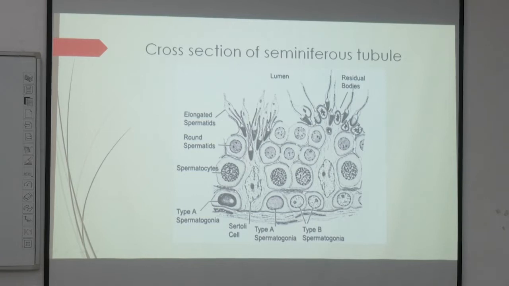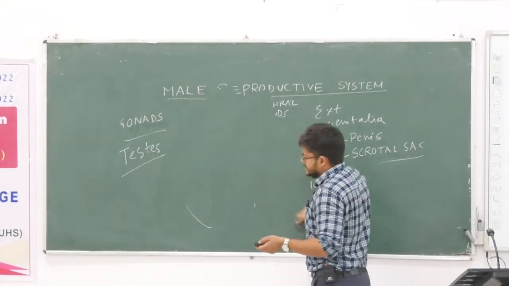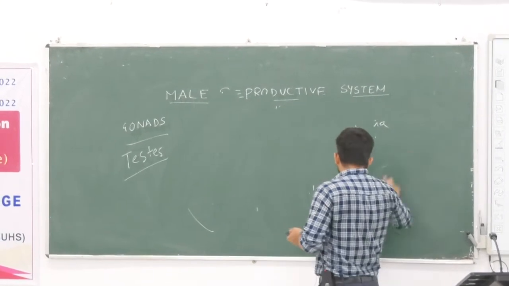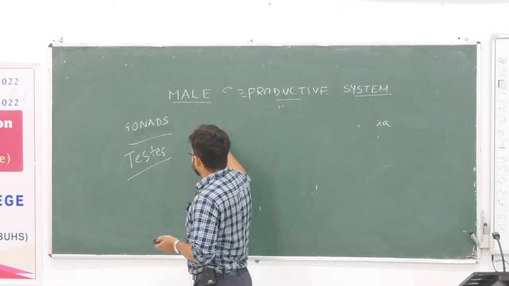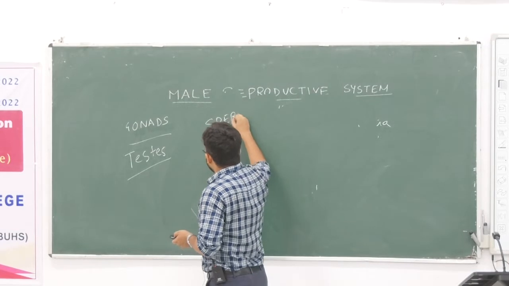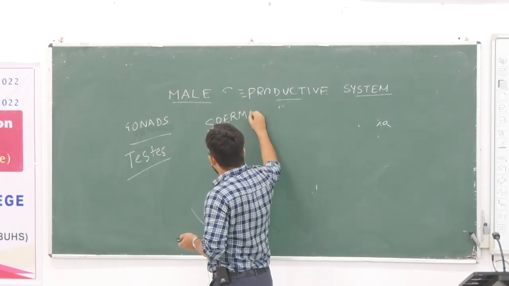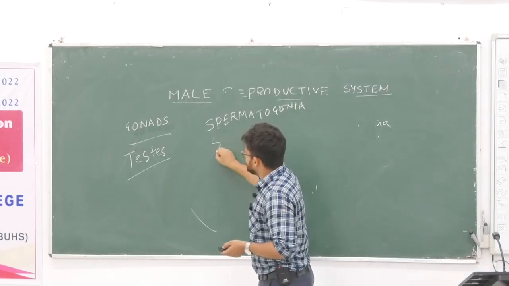So if we come over here, write down a few things. When we look at a seminiferous tubule section, we get two things. One is spermatogonia, and the second is the Sertoli cell.